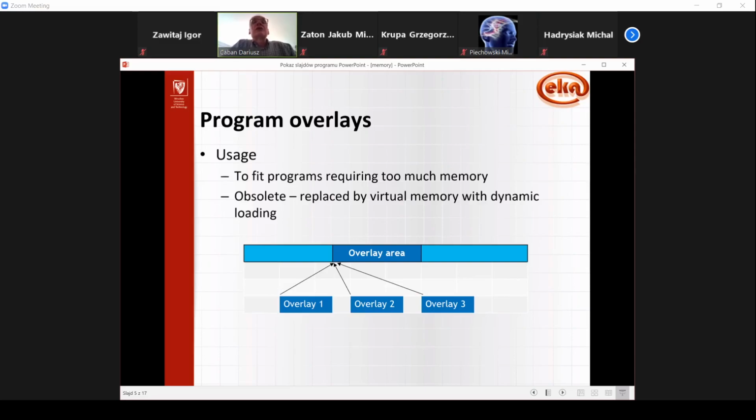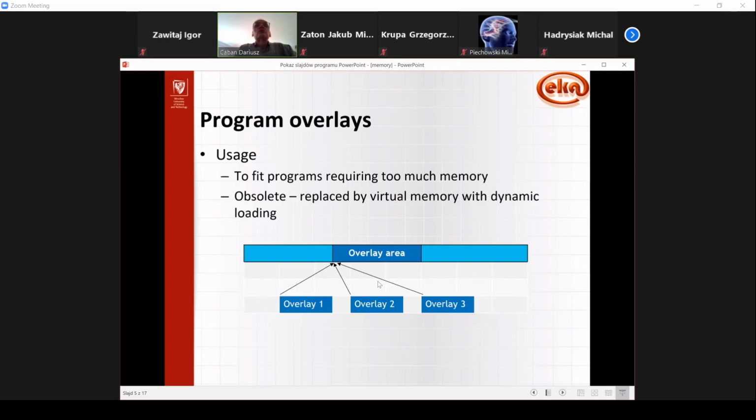So instead of that, you can compile your software using overlays. And in that way, the required memory is reduced, and the overlay area will be the area of the maximum size of the different overlays that you have.